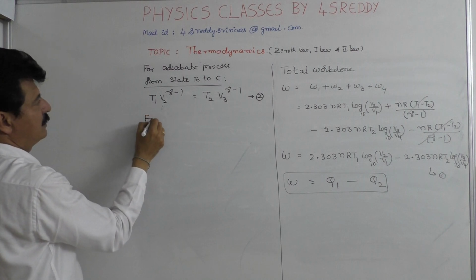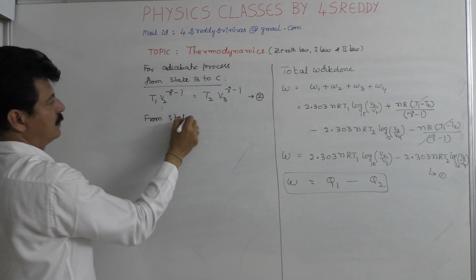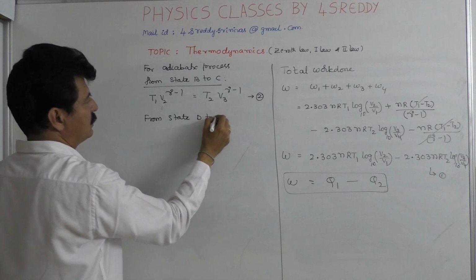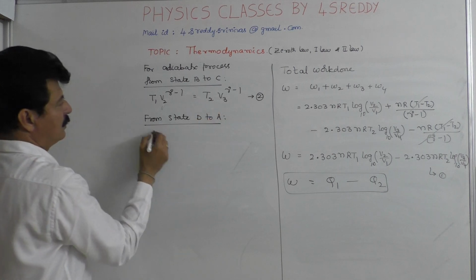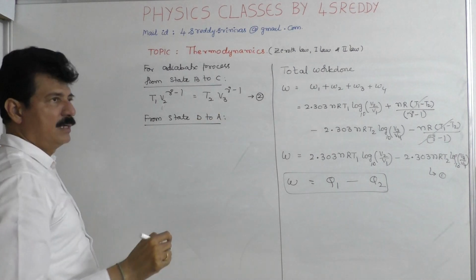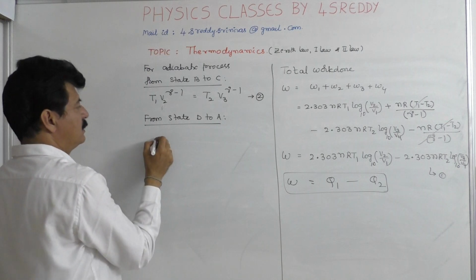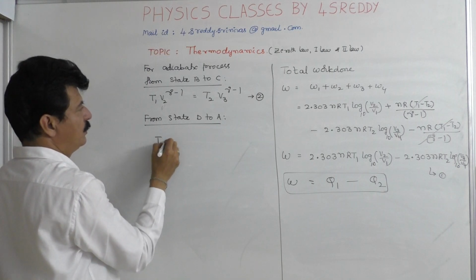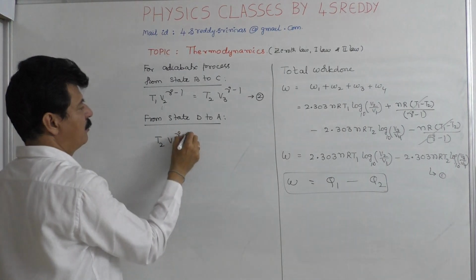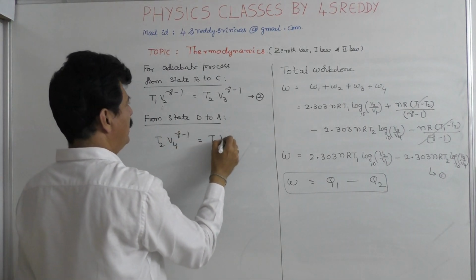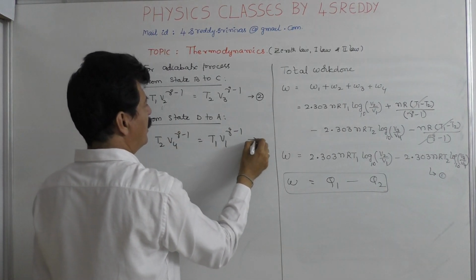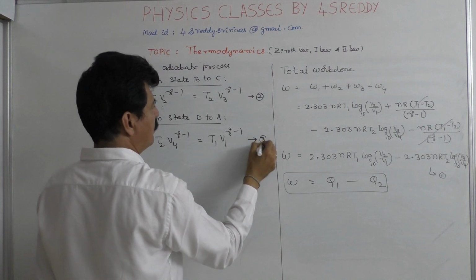From state D to state A, T2 V4 power gamma minus 1 is equal to T1 V1 power gamma minus 1. That is equation number 3.